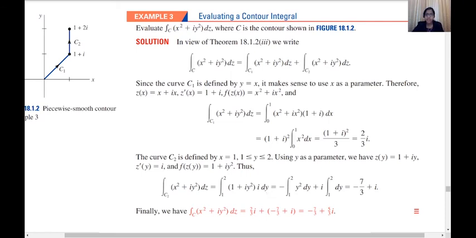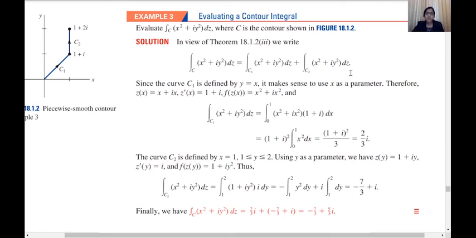Okay, so this is equal to integral 1 to 2, and when we multiply it, it will become i minus y square. So we get integral 1 to 2 of minus y square dy plus i into integral 1 to 2 dy. So the value is minus 7 by 3 plus i.